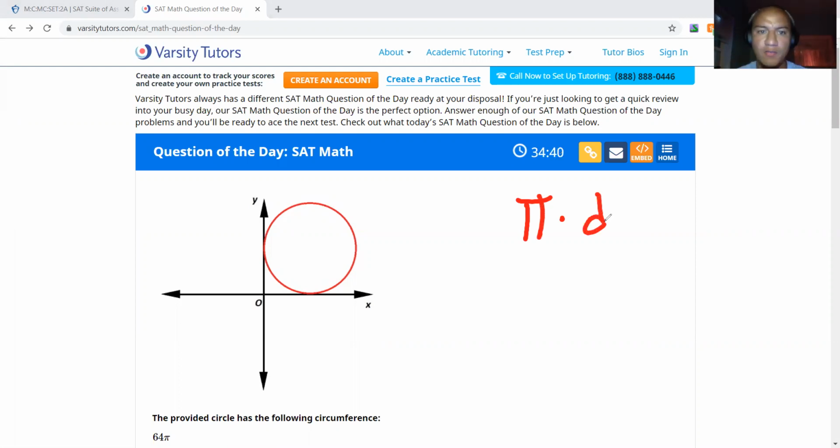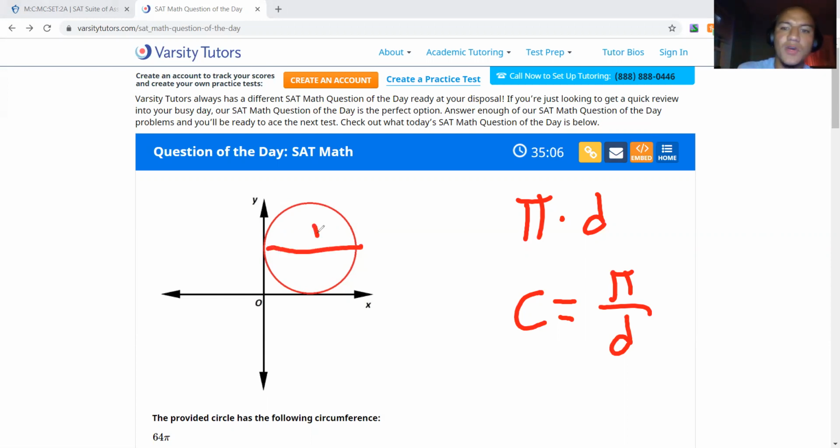Well, Archimedes found out that the circumference, which is the distance around the circle in red, is a ratio of pi times the diameter. And actually, you could look at it like this. Imagine that the diameter was 1.